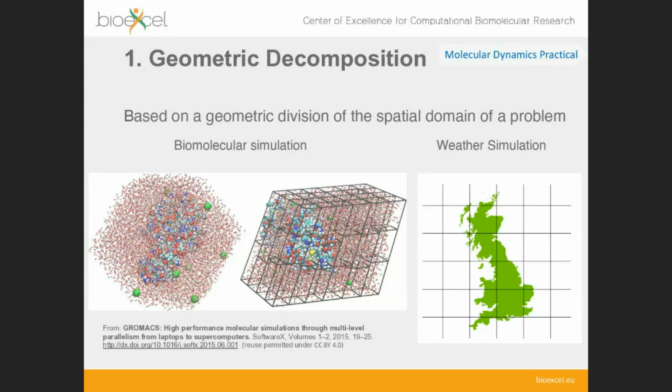When it comes to a simple 2D weather map, you can imagine, okay, so you've got the UK there, and you're chopping that land mass up into cells, and you're going to simulate the weather above the UK, say, if it's only the land weather that you care about. An example for biomolecular simulation: you've got some protein in a solvent, and there what you're trying to do is divide up this three-dimensional space in some way.